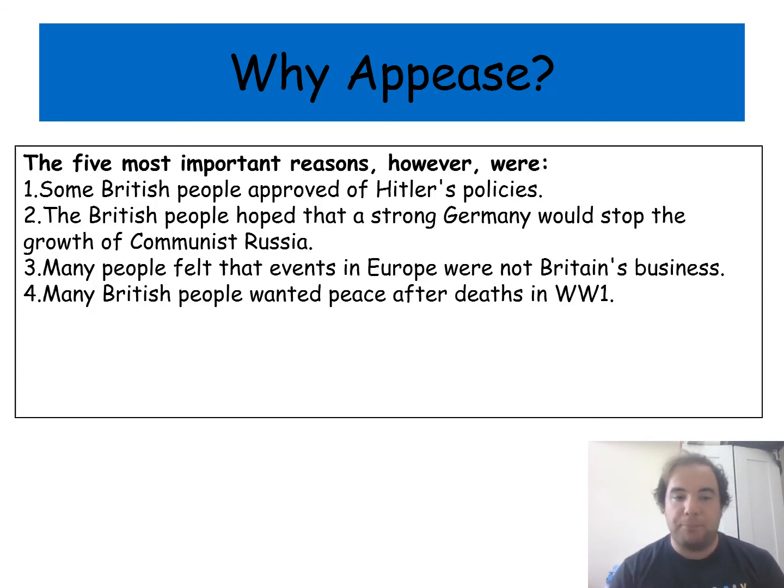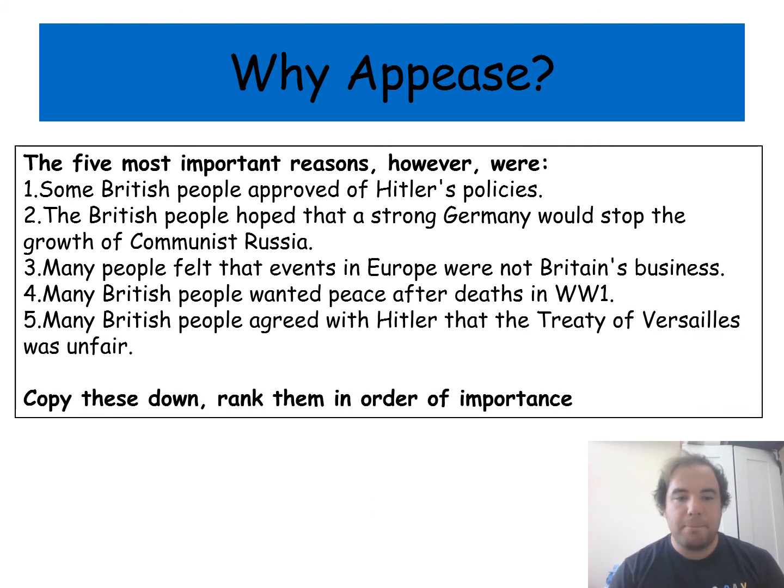some back then. Finally, many people in Britain agreed with Hitler that the Treaty of Versailles was unfair. And this is an intriguing one because a lot of these people who took this viewpoint were critical of Hitler and felt that what he was doing in Germany was dangerous, and felt that he was a despotic dictator, and were concerned about what was happening to Jews and minorities and political opponents in Germany, but nevertheless felt that they couldn't come up with a counter-argument to when Hitler would go out and openly say that the Treaty of Versailles was unfair.